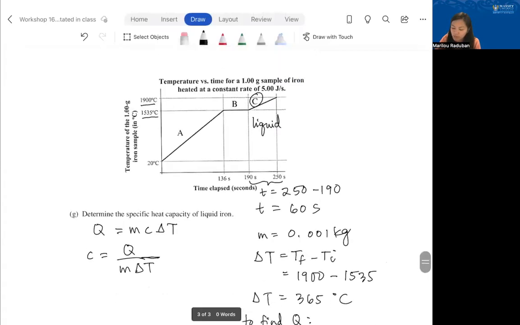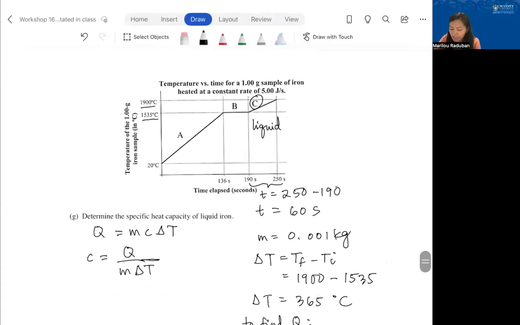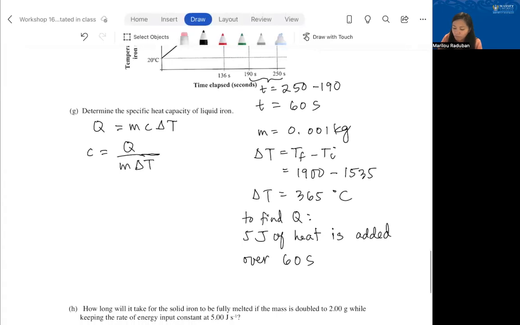Between the time intervals 190 seconds to 250 seconds, you're adding heat to the liquid iron. So that's a time of 60 seconds. So the heat that's added over 60 seconds will be the rate at which you're adding heat, 5 joules every second, times how long you're adding that heat. So 5 times 60, 300 joules.